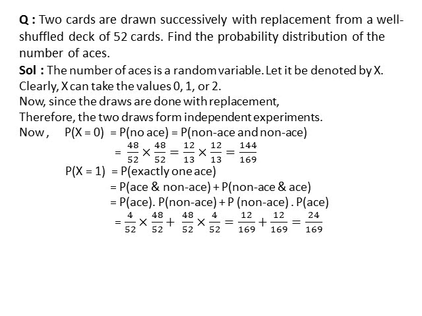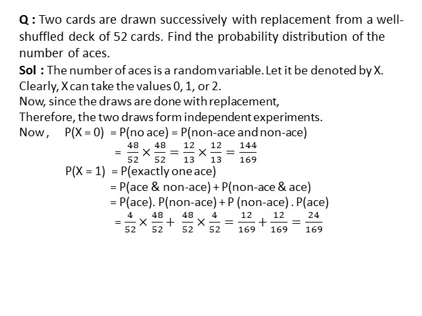Next, P(x = 1), the probability of exactly 1 ace. Here, 2 cases arise. Case 1, the first card drawn is an ace and the second a non-ace. And case 2, the first card drawn is a non-ace and the second an ace.